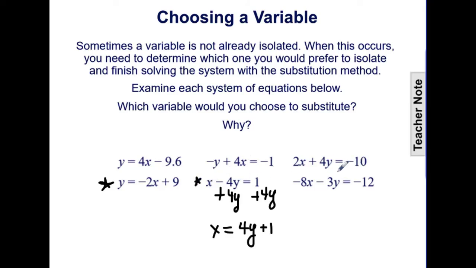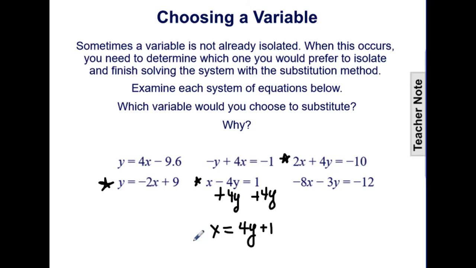Now in the third system, both equations don't have a variable isolated, and they're both going to be multi-step because they both have coefficients here. Now the first equation doesn't have negative coefficients where the second one does, so that might be an easier one to work with. Again, there's no right or wrong answers.